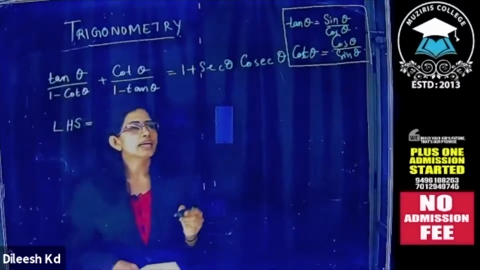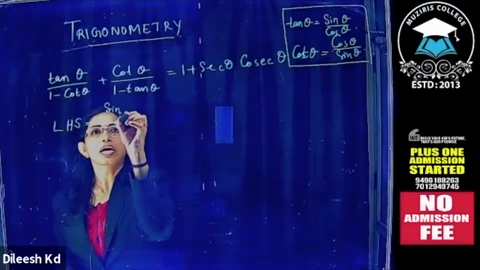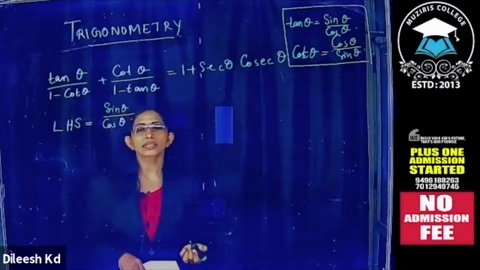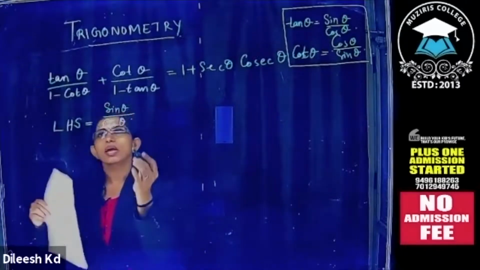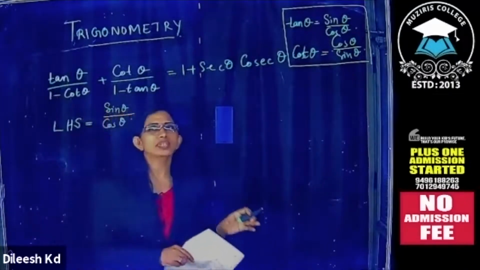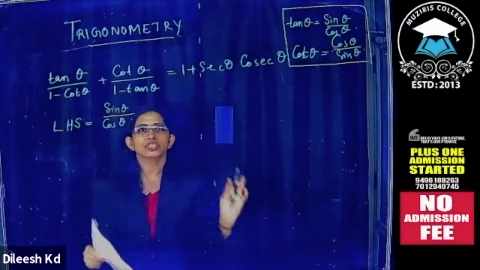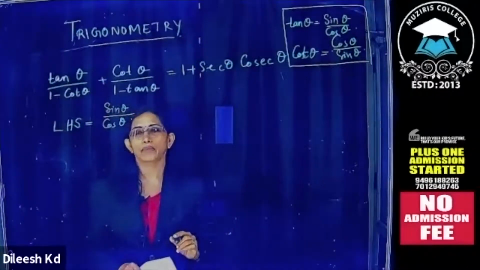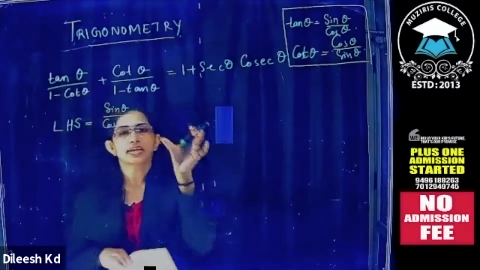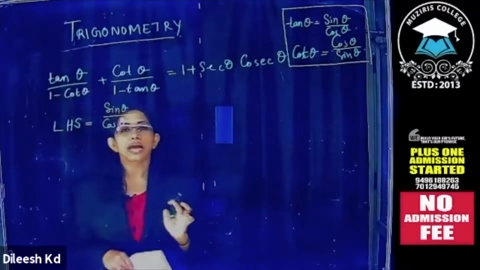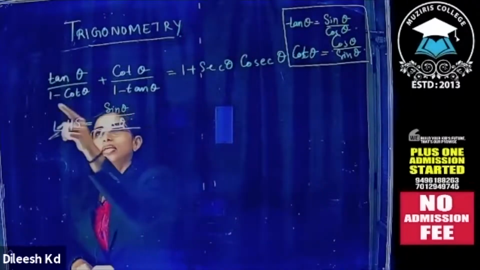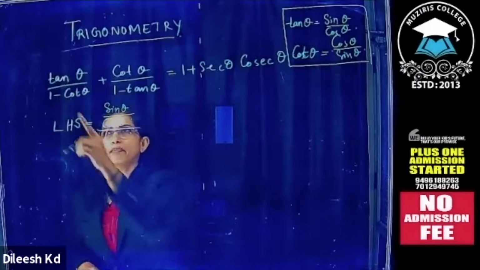Tan theta is sin theta divided by cos theta, and that is divided by 1 minus cot theta.